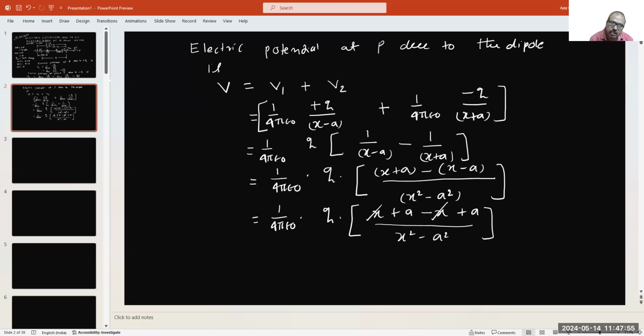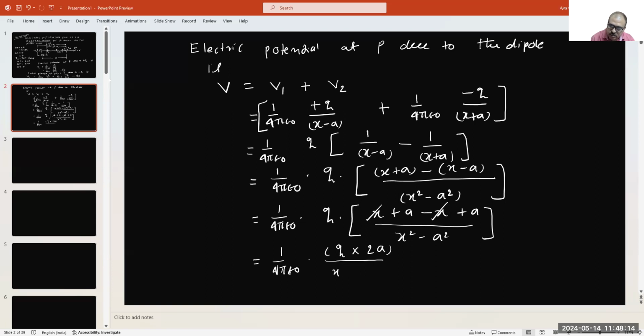What you have got here are very important lines. 1 upon 4 pi epsilon naught, you have the charge and you have a plus a, that is 2a. You have one new term.